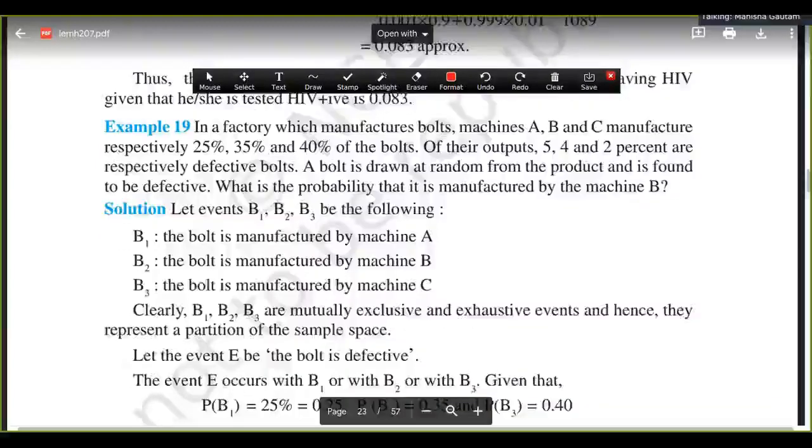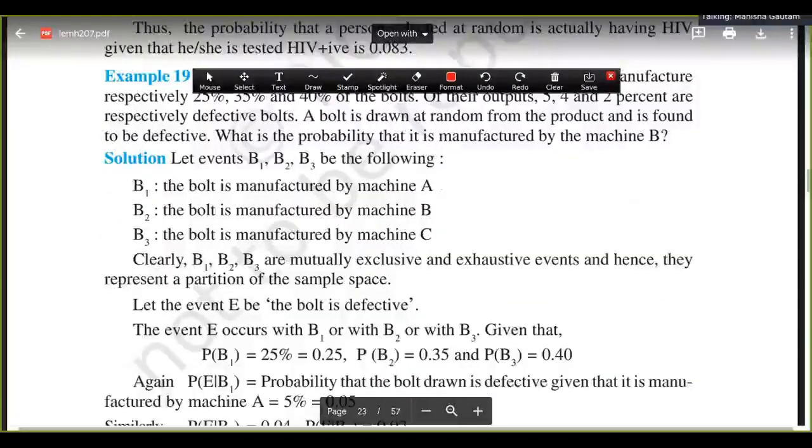Now here B1, B2, B3 are the bolts manufactured by machine A, machine B, and machine C. Now let E be the event; where most of the time we have taken A as an event, here I am taking E because E is written in the book. At the place of A, we are using E here. E is the bolt is defective.